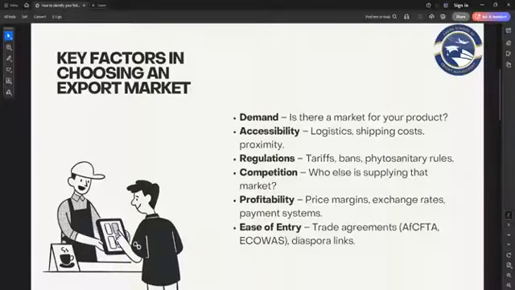Don't be surprised that whatever you want to start exporting from here, there are competitors in that market who are supplying the same. They are bringing it in from other countries to supply that same market that you are looking at.